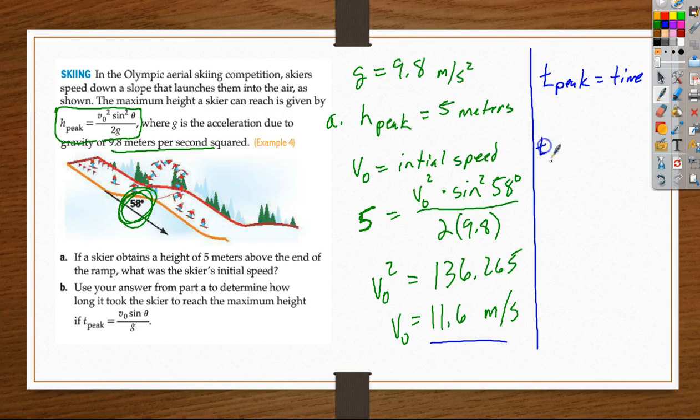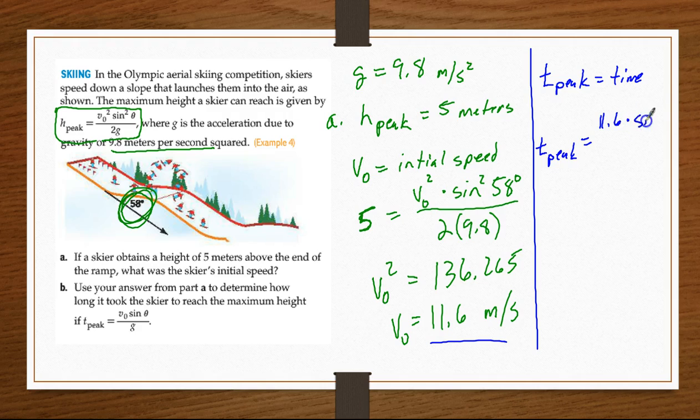So my T peak is going to equal V naught, 11.6, times sine of theta, which we said was 58 degrees, all over 9.8. I go ahead and plug in my calculator.